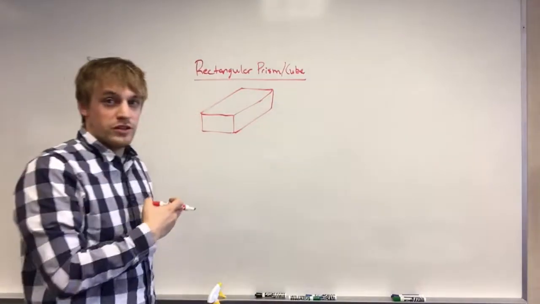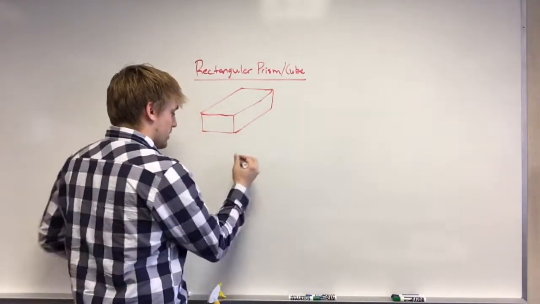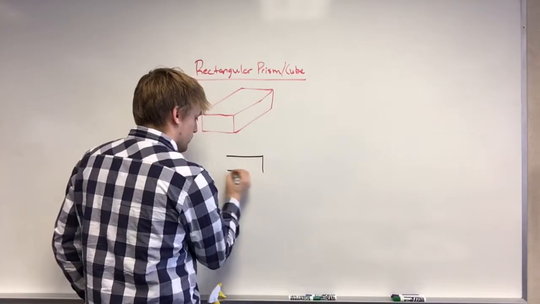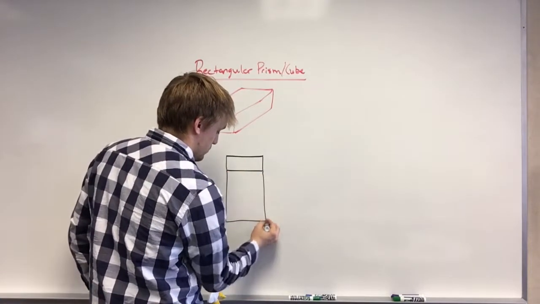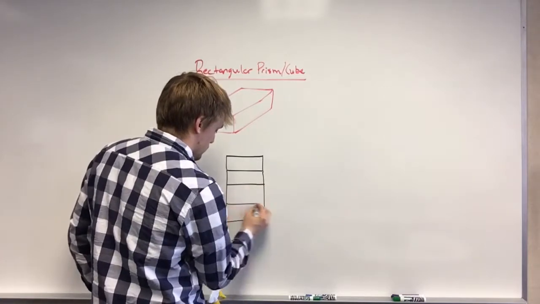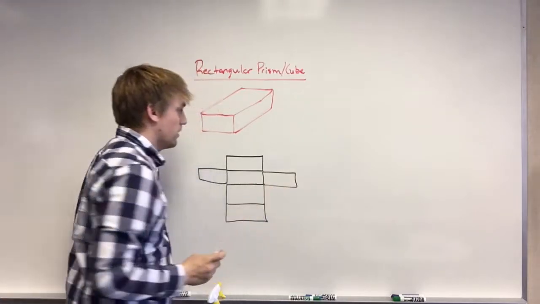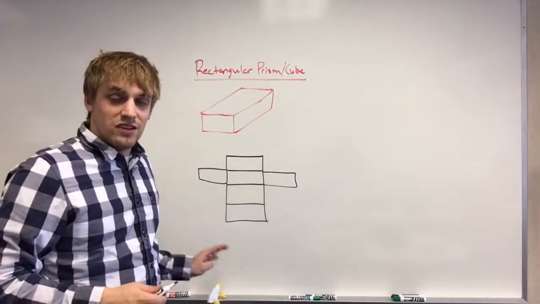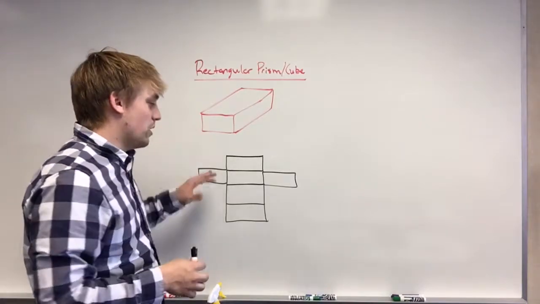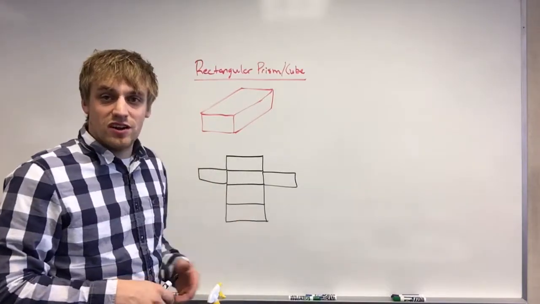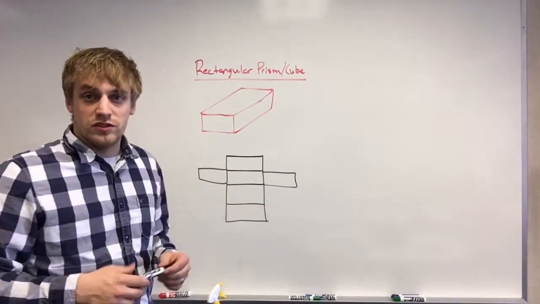That's three-dimensional, and the geometry net that goes with that looks like this. Now, I just draw them exactly the same every time when I'm using rectangular prisms. You don't have to worry about what size the faces are. We just use this as a guide to help us get through surface area.